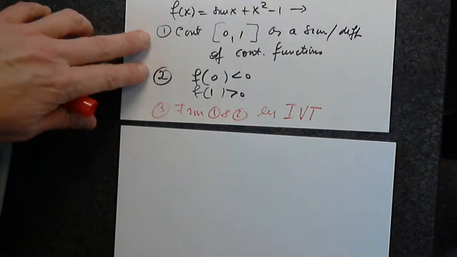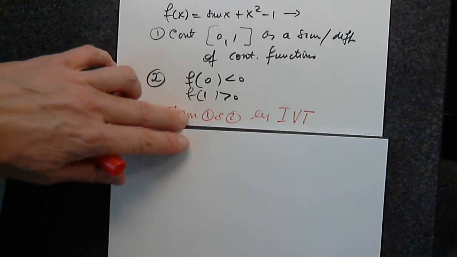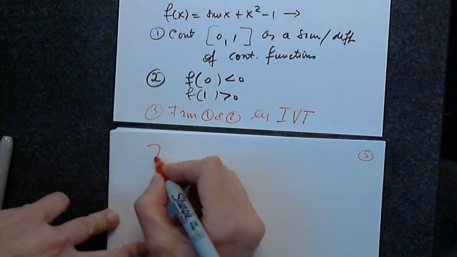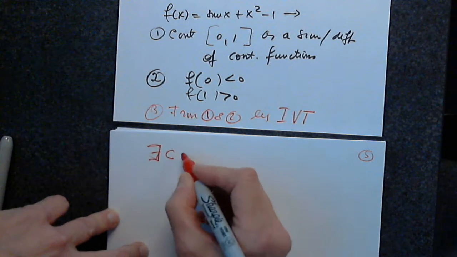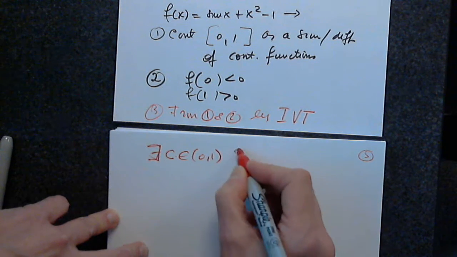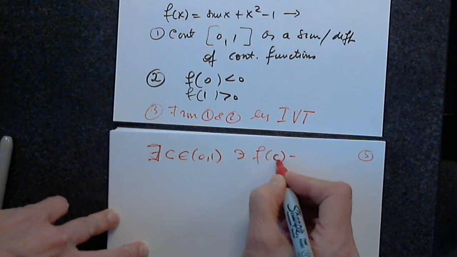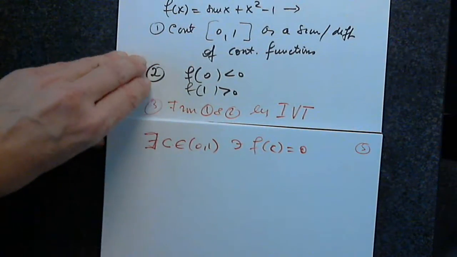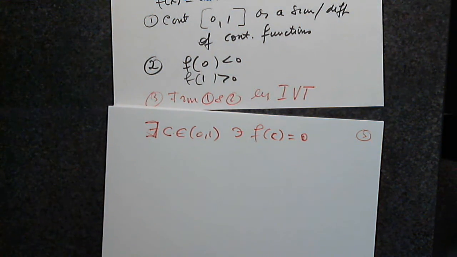So from 1 and 2, and by the intermediate value theorem, there exists C in the interval 0, 1, such that f of C is 0. The intermediate value theorem doesn't give us the solution, but it tells us that there is a solution there.